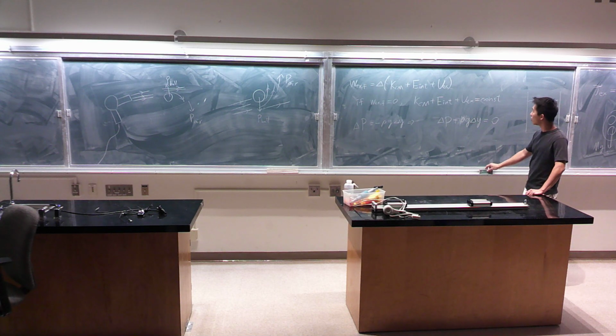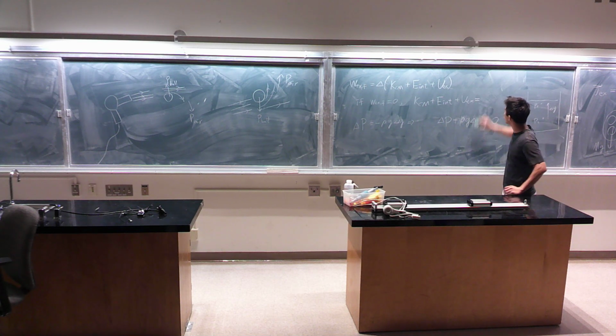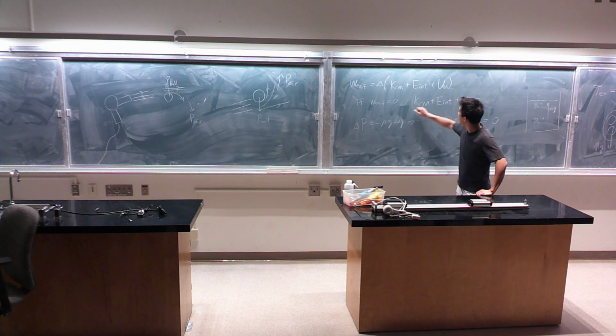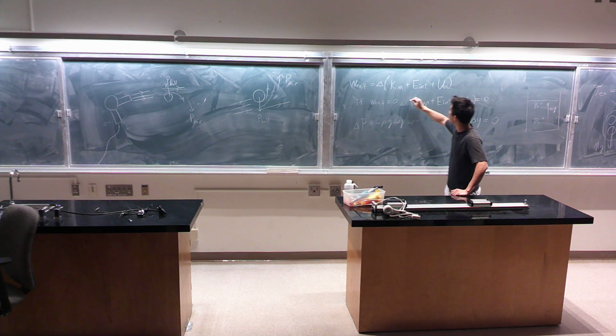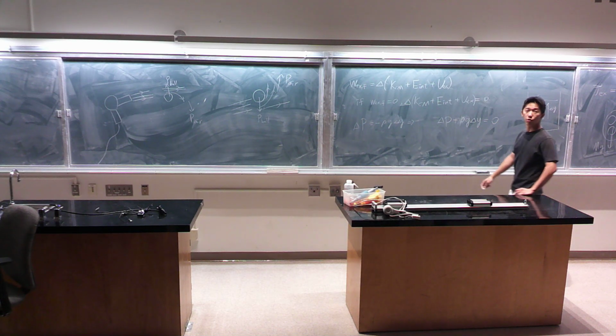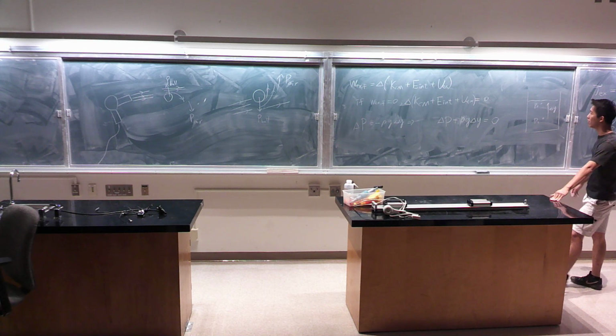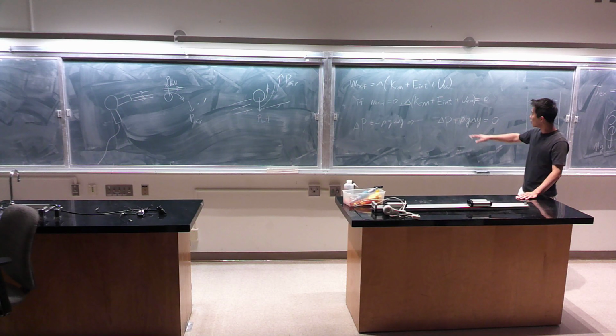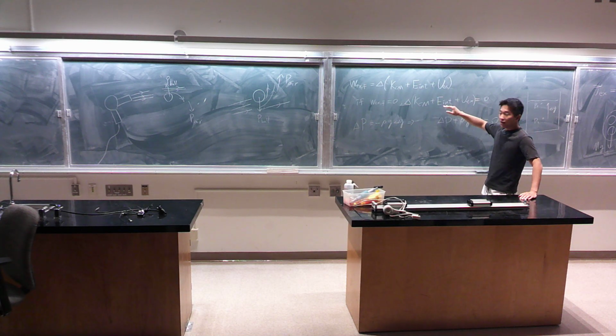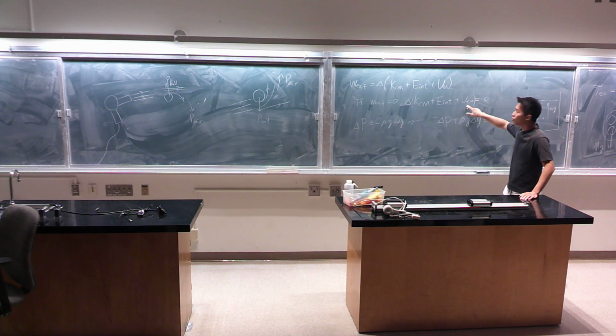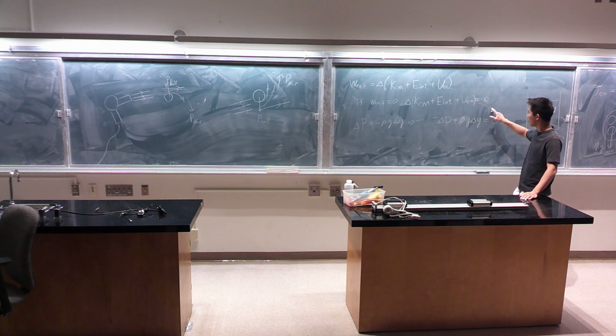To make it more clear what I'm doing, I'm going to change this expression into the change of total energy of the system is 0. Now, can you see these two look kind of similar? The change of these three add up to 0, and the change of these two add up to 0. One term is easy to recognize: rho g delta y.